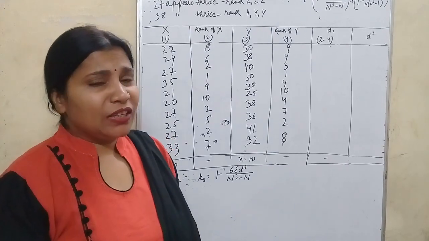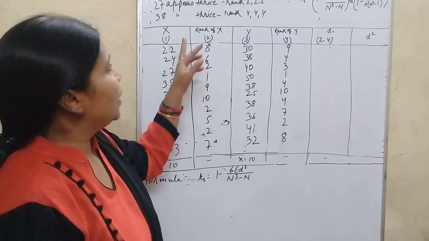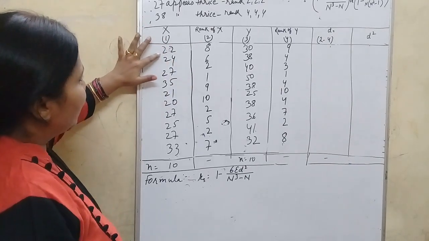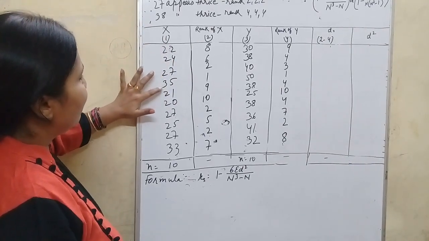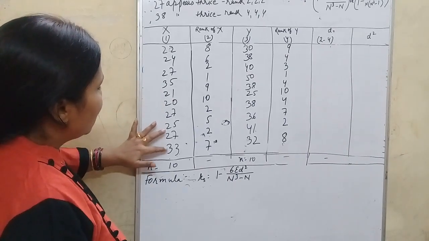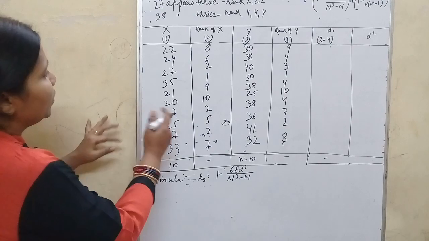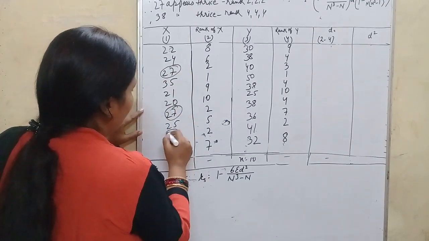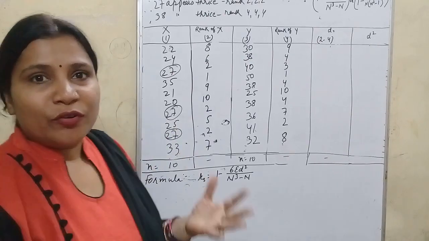Okay. Now you listen. I have changed the question. In this series you see 22, 24, 27, 35, 21, 20, 27, 25, 27, 33. In this series 27 has repeated 3 times. Then how do you rank?